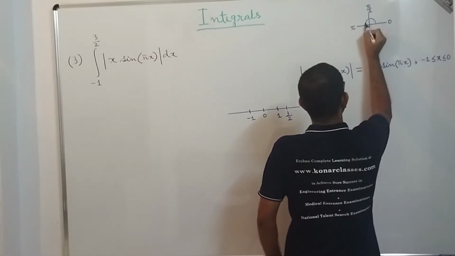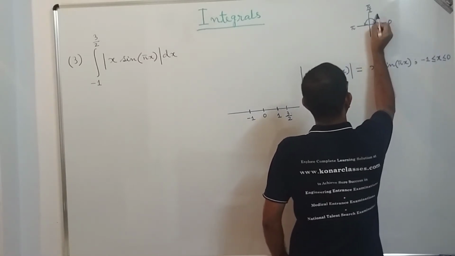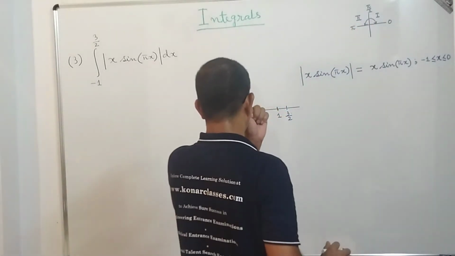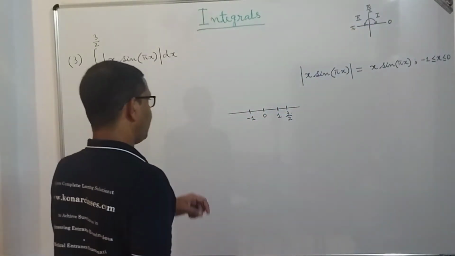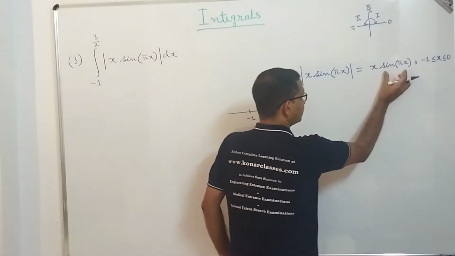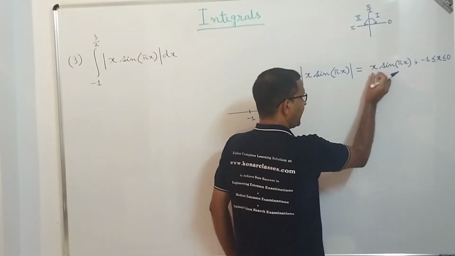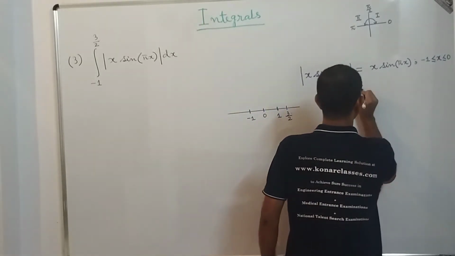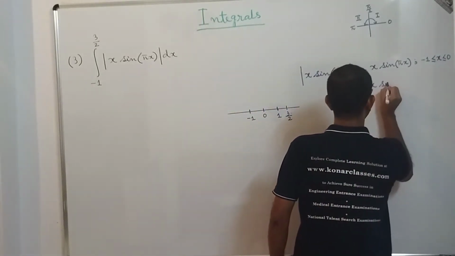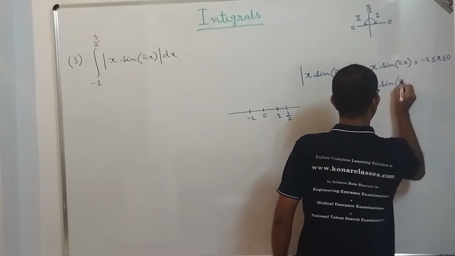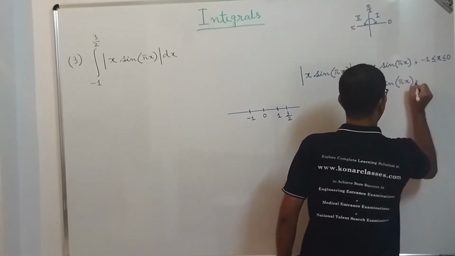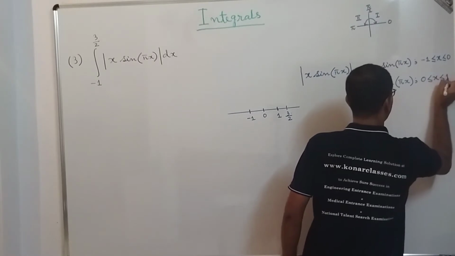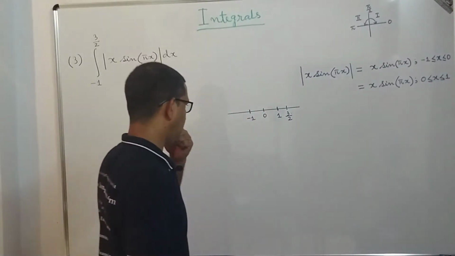From 0 to π, in the entire first and second quadrant, we know that sine is positive. That means sin πx will be positive and x is also positive between 0 to 1, so we can write this is equal to x sin πx when 0 ≤ x ≤ 1.